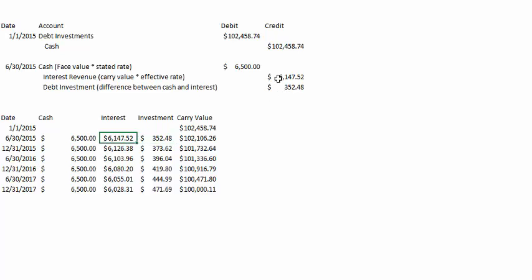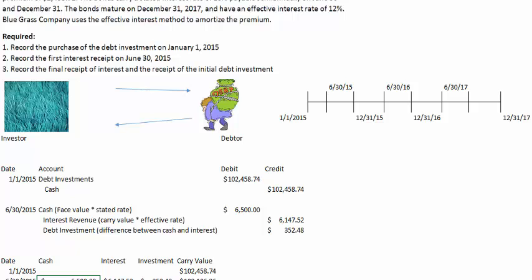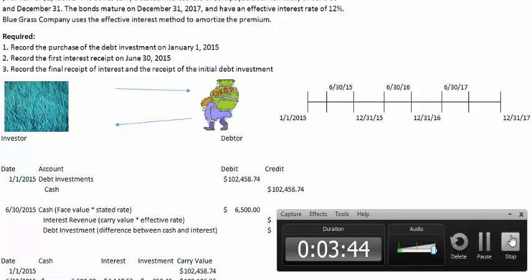The interest is recorded at $6,147.52, and the cash amount at $6,500. So if you do this little table here, you can easily record your entry for the remainder of the interest payment periods without having to put much thought into it. So that's the entry that we would record for the first interest payment.